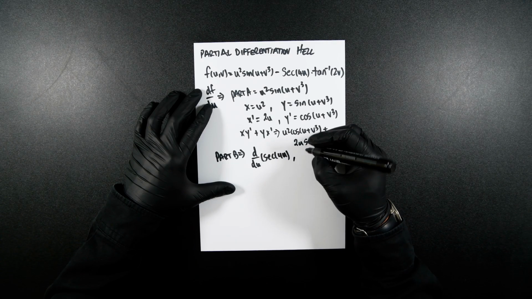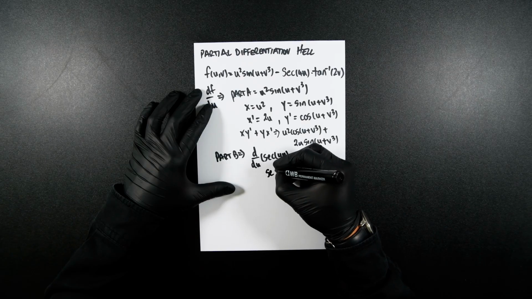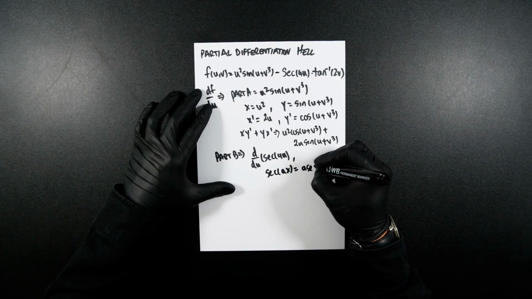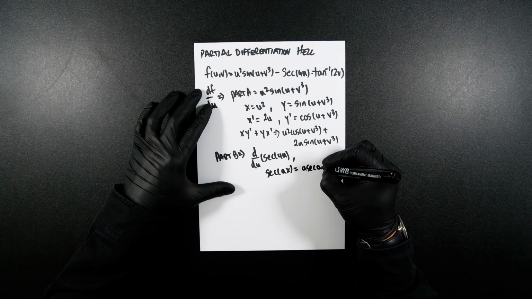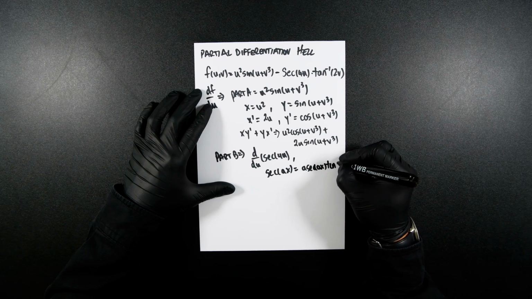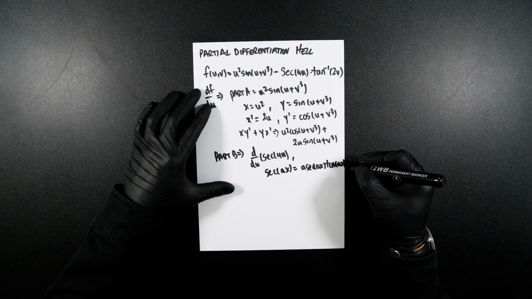So d/du of sec 4u is going to be, we need to actually recall something. Let's recall sec(ax) differentiated is equal to a sec(ax) tan(ax). That is really sloppy. Hopefully that is readable, kind of.